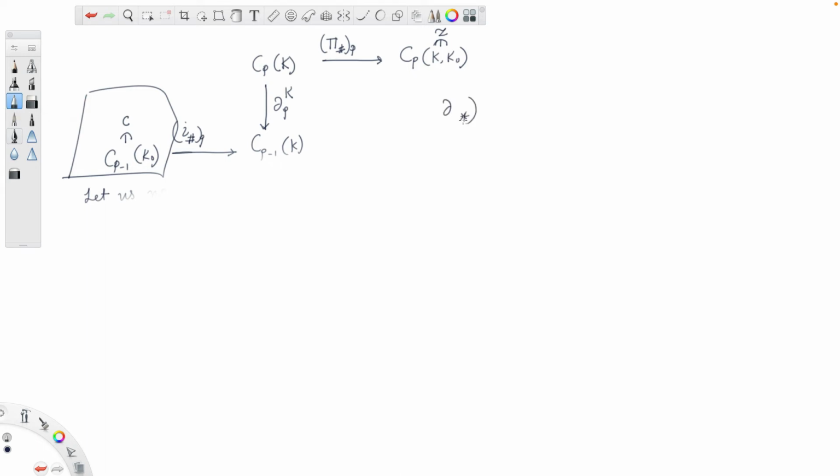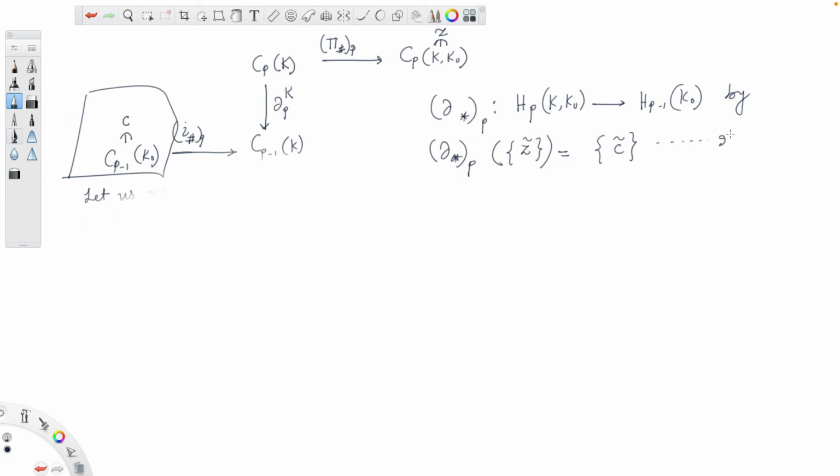We define delta star at P, which is a map from HP of K comma K0 to HP minus 1 of K0, by delta star at P of the class of Z tilde to be equal to the class of C tilde. This is equation number 9.